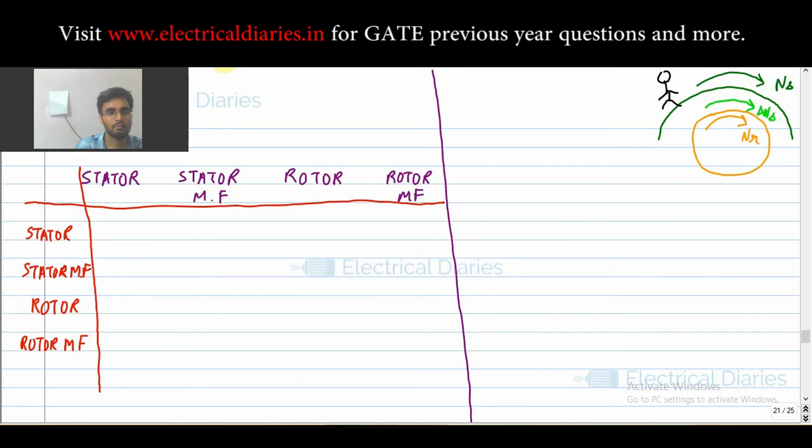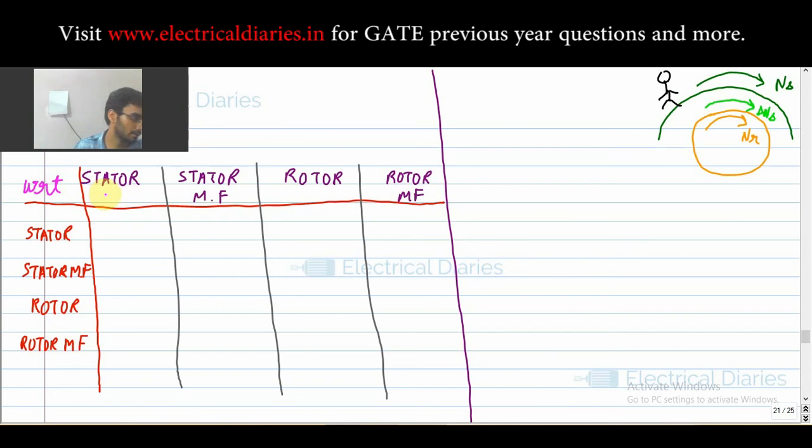Okay, and this I am writing is with respect to. Here it's the relative speed of stator with respect to stator, with respect to stator magnetic field.